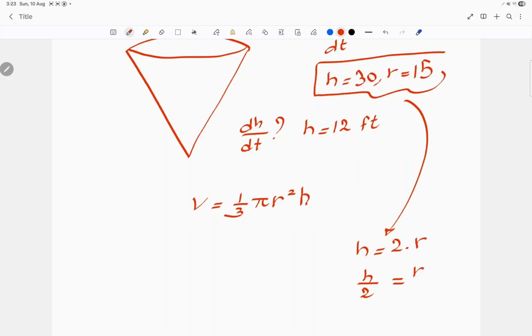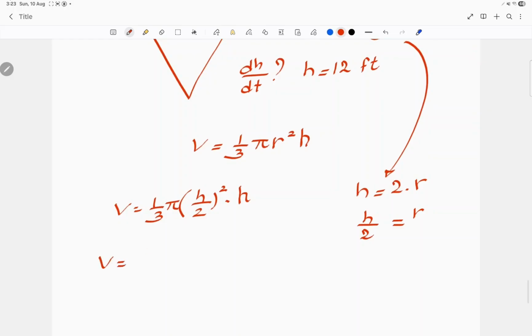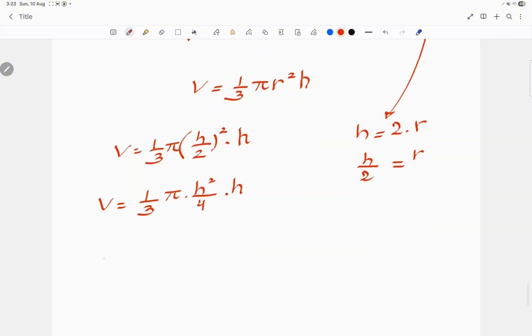Now back in our equation, 1/3 pi, instead of r, put h over 2 and square it. And now we're going to have volume is equal to 1/3 pi h squared over 4 times h. So volume is equal to pi over 12 h cubed.